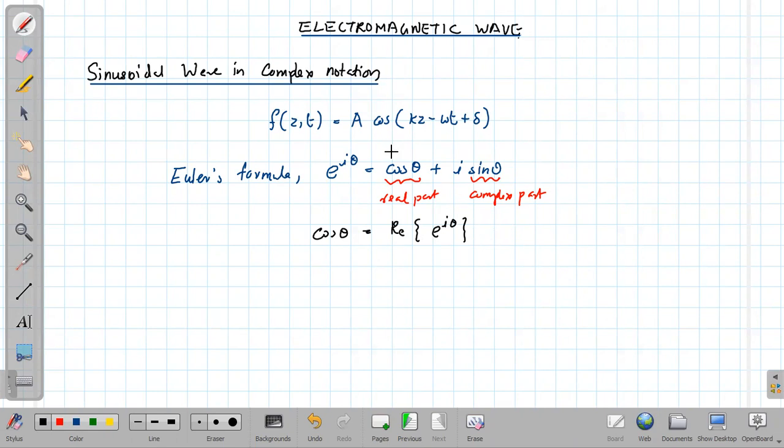Then we can write our f of z,t in a complex notation in this way using Euler's formula. Now, why are we going to the complex notation? Although the notation is called complex, its calculation is very simple. Dealing with complex functions is very simple compared to real functions.